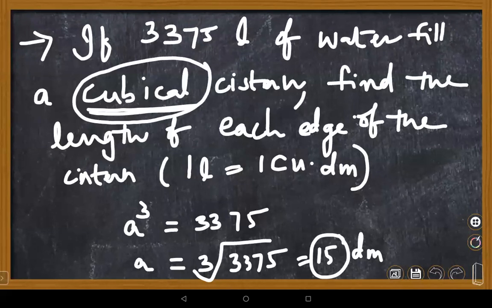Volume of a cube is nothing but a cube. A cube is given as 3375. So if you want to find the length of each side of the cistern, that is nothing but the value of a you are supposed to find out. So here the cube root of 3375 is 15 decimeters.